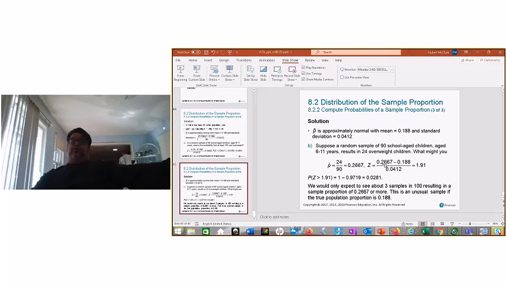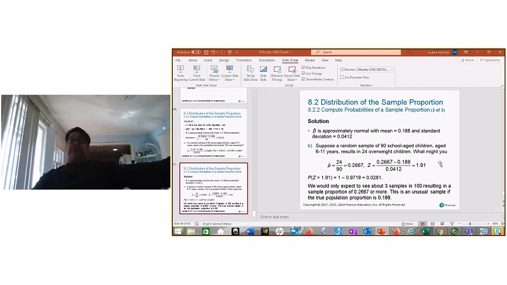This is your new p hat. So 26% or 27% minus 18.8% over your standard deviation is equal to 1.91, and then go from 1.91 to infinity, and that should give you 0.02.